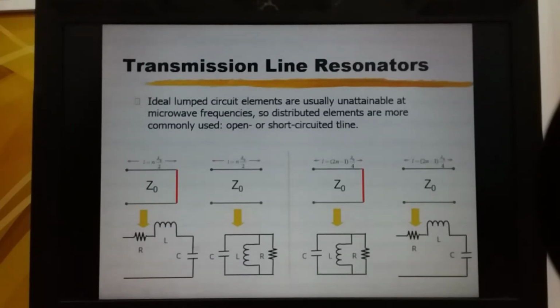That is a series resonator. For the same halfway blank transmission line, if we leave the end open circuit, similarly, infinity ohm will be transformed to infinity ohm halfway blank away.